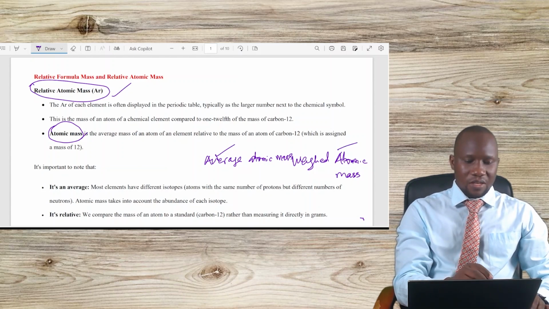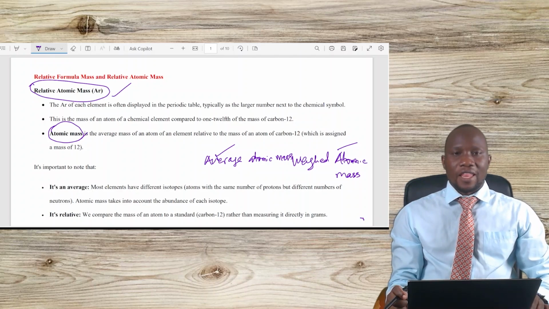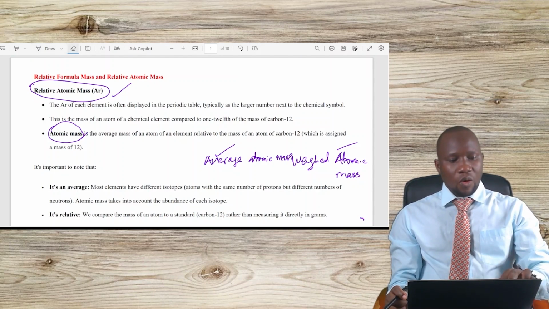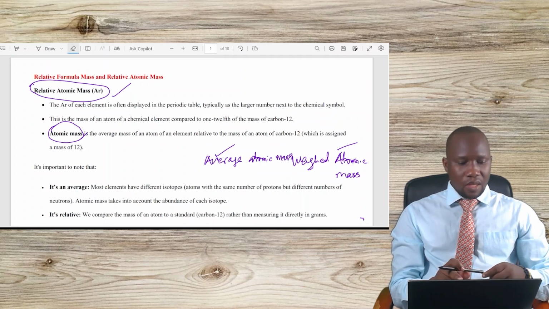So this is 1, 2, 3, 4. They are the same concepts. They mean the same thing. So what do they really mean?